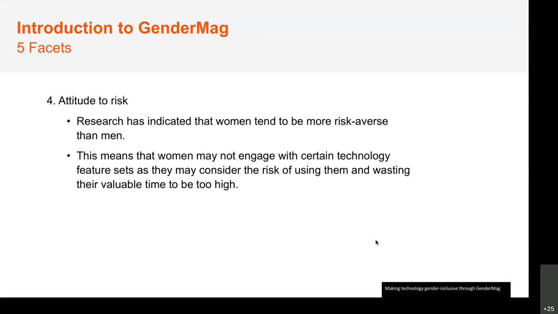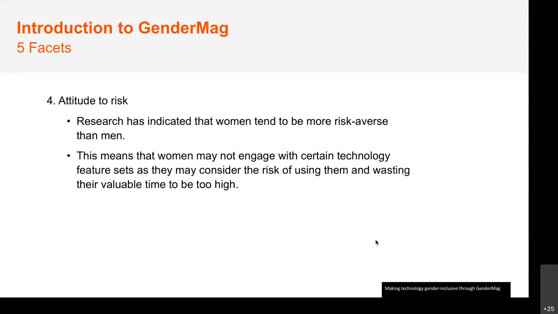What that means for technology use is that women may not engage with certain technology or certain technology feature sets, as they think that they might waste their time, the risk is too high to use this technology, and they might end up somewhere where they have to spend lots of time to get themselves back from.